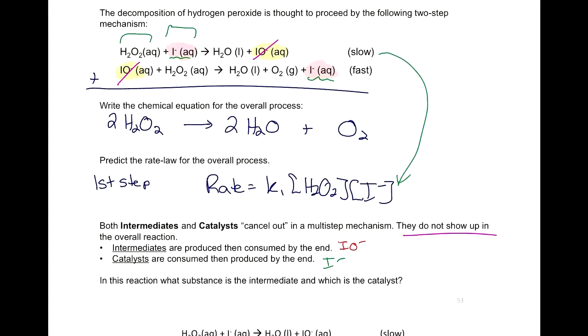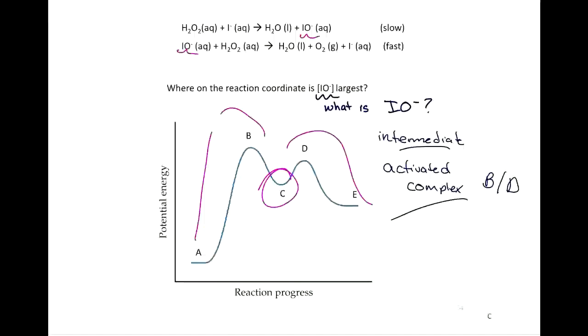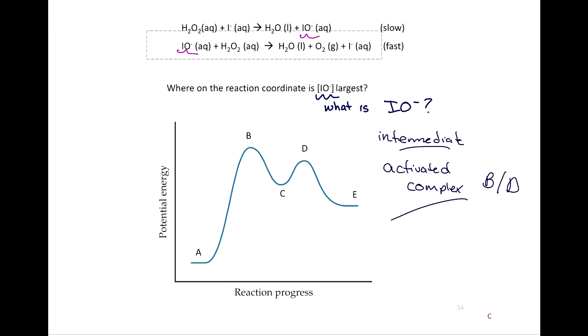Okay, so let's keep going. All right, we already did this. Yeah, so how can I ask this question a different way? Here I'm asking where in this coordinate diagram is IO minus concentration the largest? So we need to recognize IO minus in this reaction. It's not a product, it's not a reactant, it's actually an intermediate.